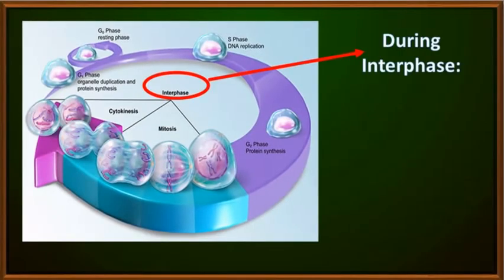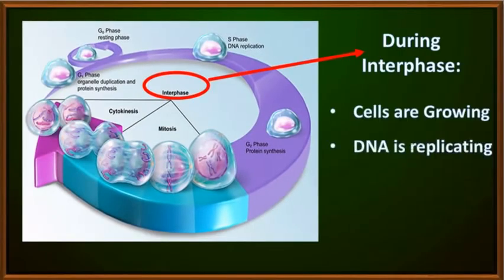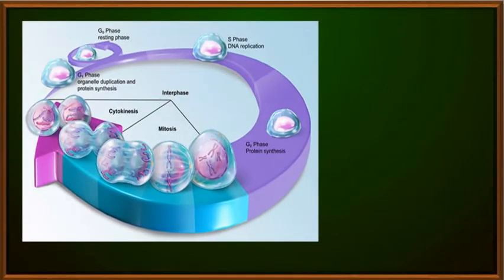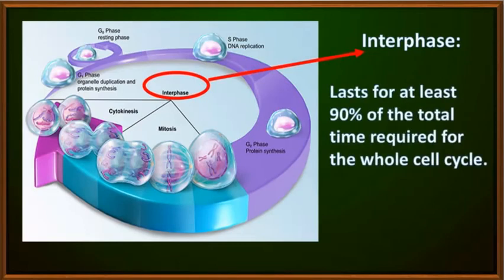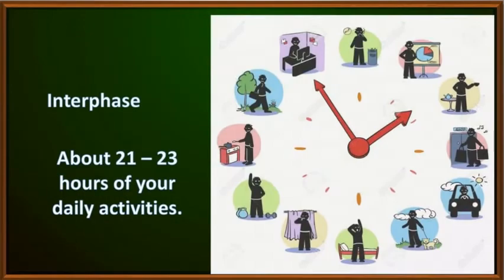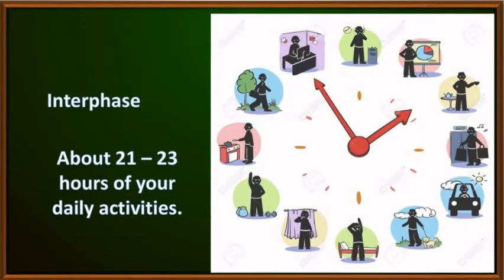During interphase, the cell is growing, replicating its DNA, and carrying out its daily cell functions. That is where cells spend most of their time in respect to the whole cell cycle. Typically, interphase lasts for at least 90% of the total time required for the cell cycle. It is like how you perform different activities for the whole 21 to 22 hours of your day.